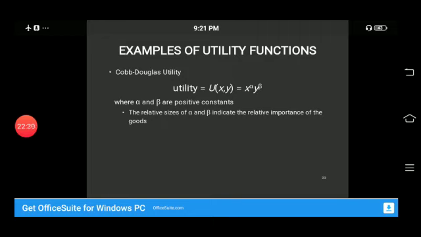Remember that alpha plus beta is always greater than 1. I'll give you an example: suppose alpha is 0.6, then beta would be 0.4. This is a Cobb-Douglas production function. The power shows the relative importance. If alpha is 0.6 and beta is 0.4, then alpha is more important than beta.